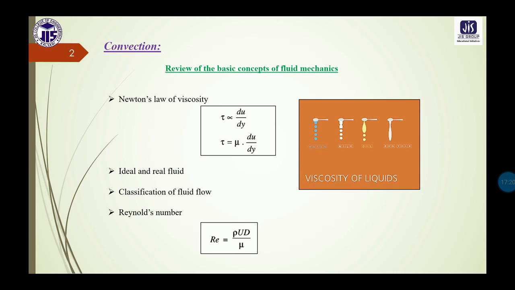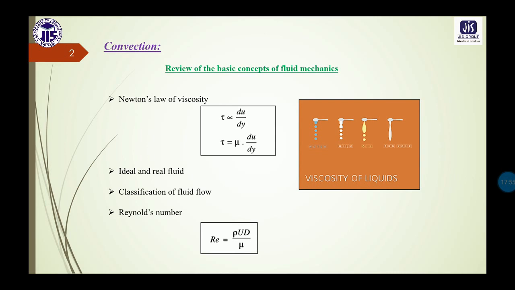When it is between 2000 or 2200 and 4000, it is the transition zone, or the unpredictable zone, where the fluid is neither fully laminar nor fully turbulent. But when the Reynolds number is greater than 4000, the flow is fully turbulent in case of a closed conduit or pipe.